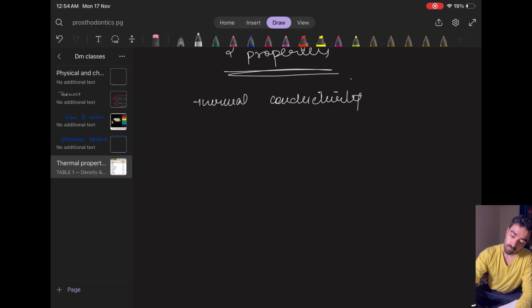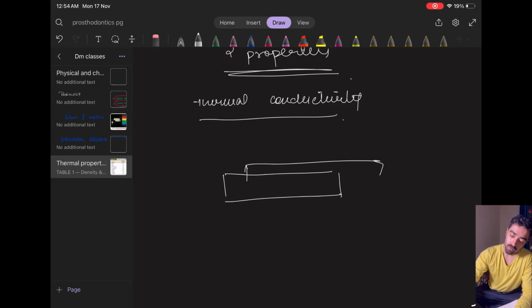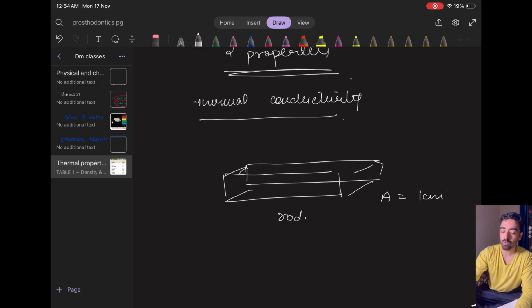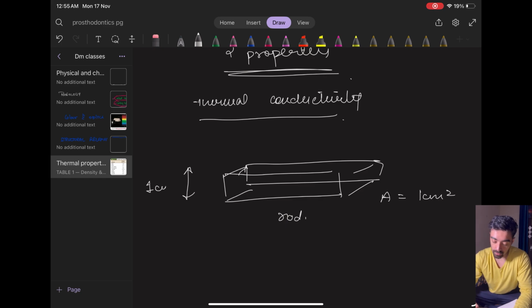So let us assume that we have a rod, having a cross sectional area of 1 centimeter square, and the thickness of the rod is 1 centimeter. There are two points, point A and point B, the start point and the finish point of the rod. The temperature difference between the two is 1 Kelvin or 1 degree Celsius.